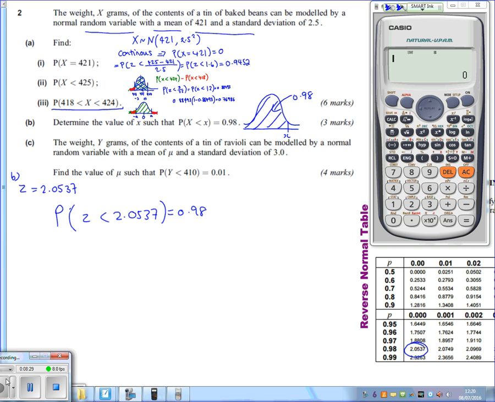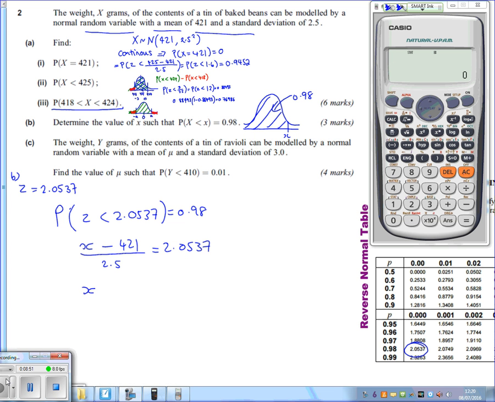So I don't know what x is, but if I take away the mean, which is 421, and I divide by the standard deviation, I will end up getting this value of z that I've just looked up, which was 2.0537. So all I need to do now is a bit of algebra.